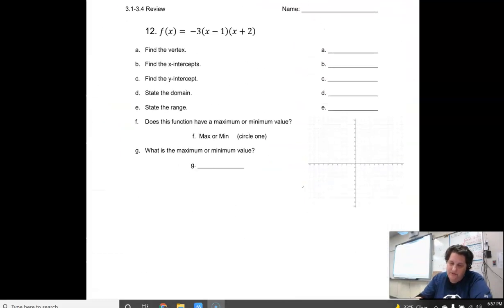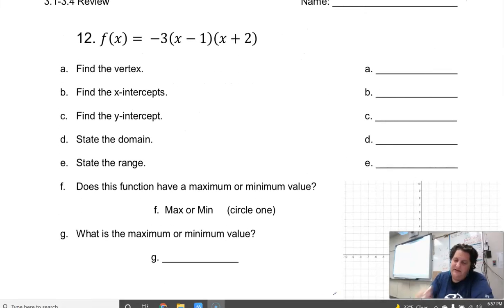All right, we have made it to our last question. Our last question is in factored form. Now, the thing that is really different about factored form is we start here first. It's the only one where we don't start with the vertex. We actually start with this. Oh, gosh, another one that I'm not incredibly thrilled with. You know what?